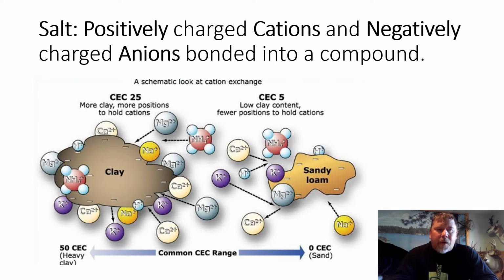So when we talk about salt, a salt is a compound comprised of positively charged cations and negatively charged anions that are bonded. So we've talked about the cation exchange capacity, and when we're adding salts to the soils, and when we're doing processes like inorganic fertilizers, because those are salts, the makeup of an inorganic fertilizer is a salt.